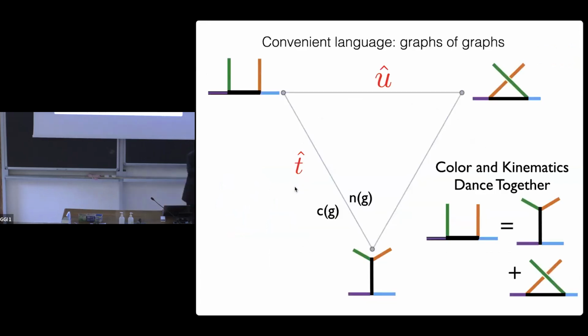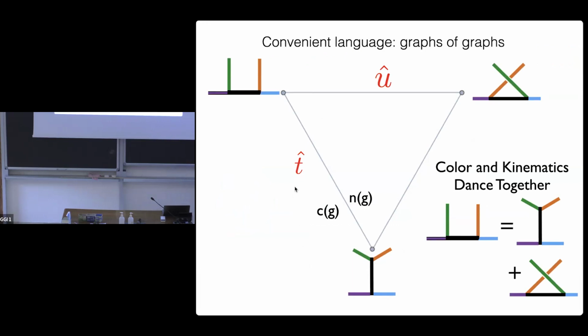A convenient language for talking about all these things is graphs of graphs. So graphs where every node represents a Feynman diagram contributing to your amplitude, and the edges in the graph of graphs are operations you can perform on the graphs, simple Whitehead moves to move from one graph to another graph.